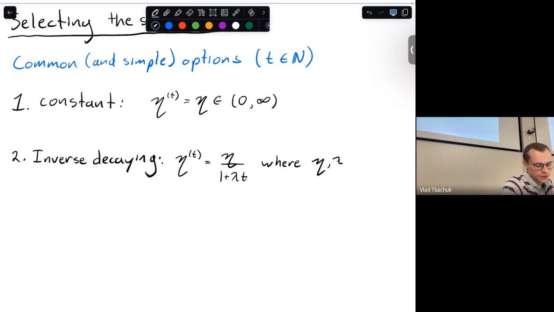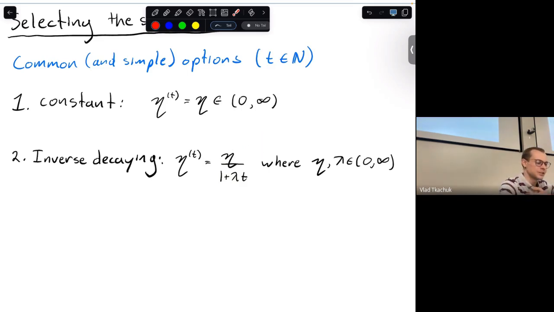This step size is really just 1 over your iteration time t, scaled by some numbers that help you tune it when you're actually using it. If you forget about the 1 at the top and forget about this lambda, then you just have 1 over t, and as t increases, the step size gets smaller.